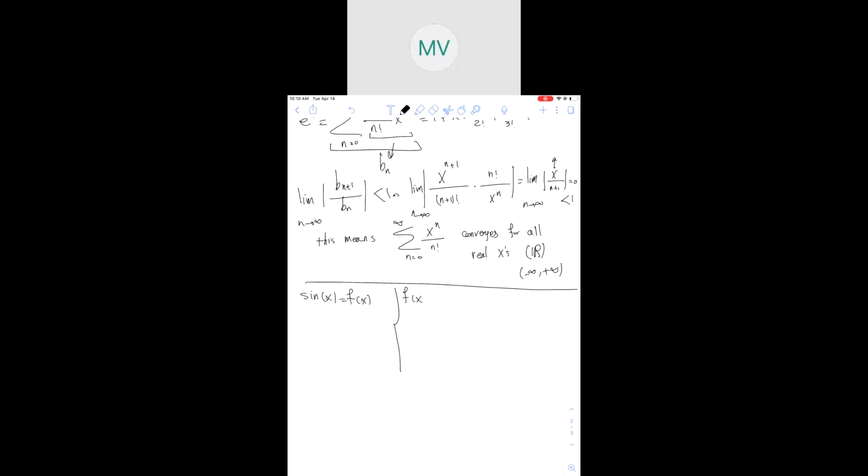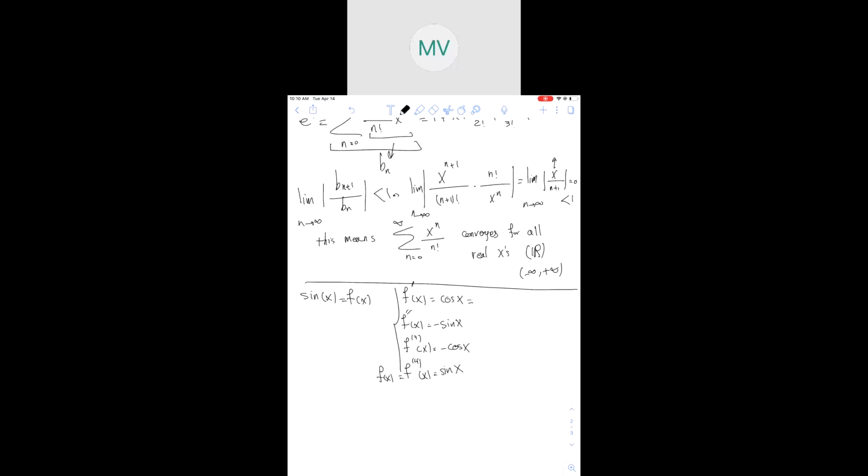The first derivative is cosine of x. The second derivative is negative sine of x. The third derivative is negative cosine of x. The fourth derivative is sine of x again. So we went back to the original function, f of x.